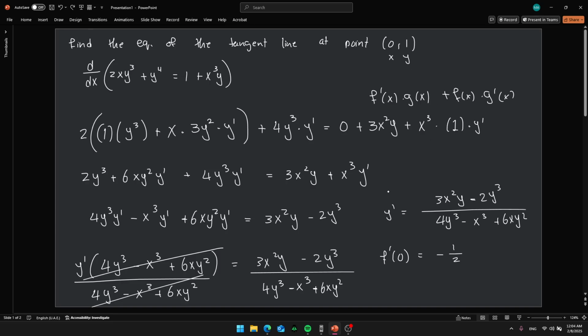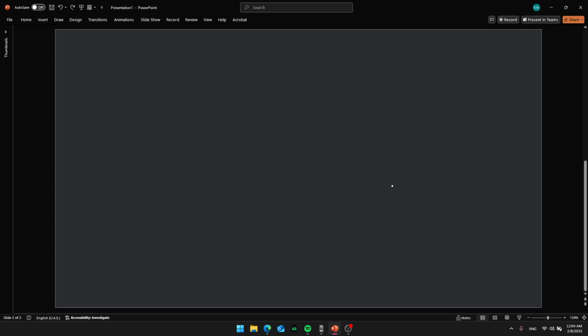Now let's write the equation of the tangent line after we have the slope, which is negative half, and the point, which is (0, 1). So y minus y1 equal m times x minus x1.